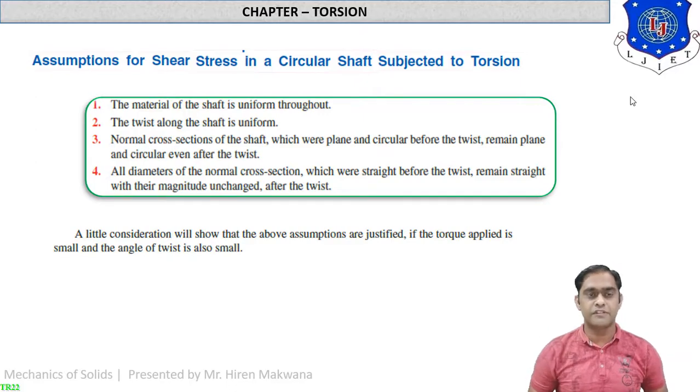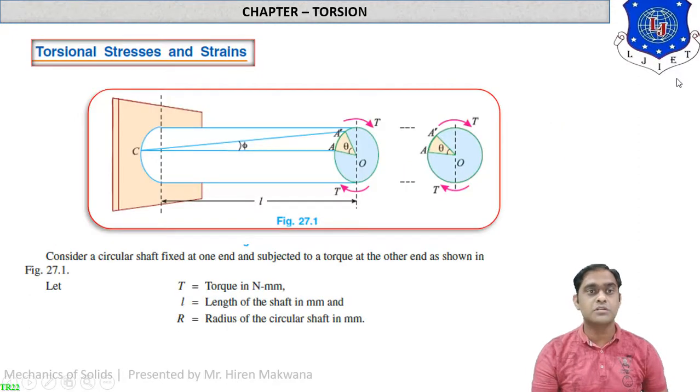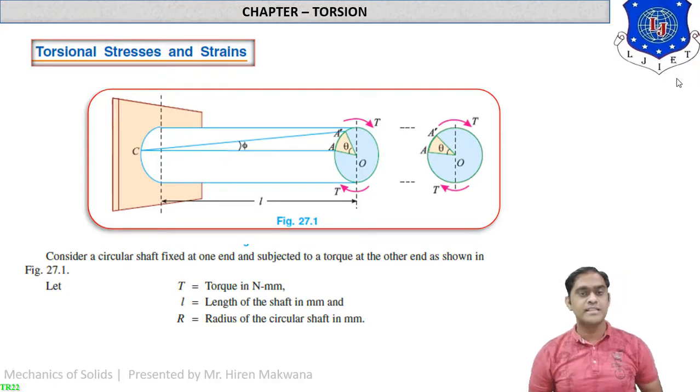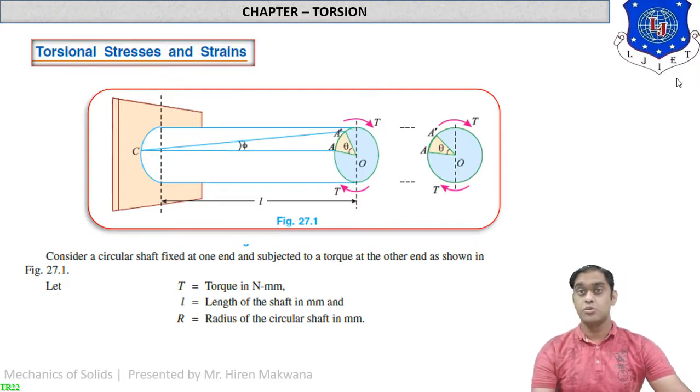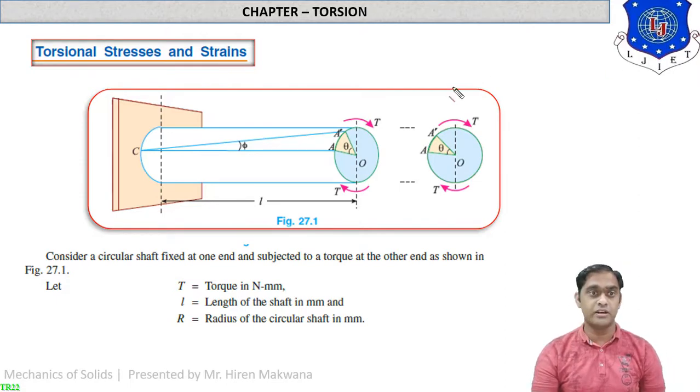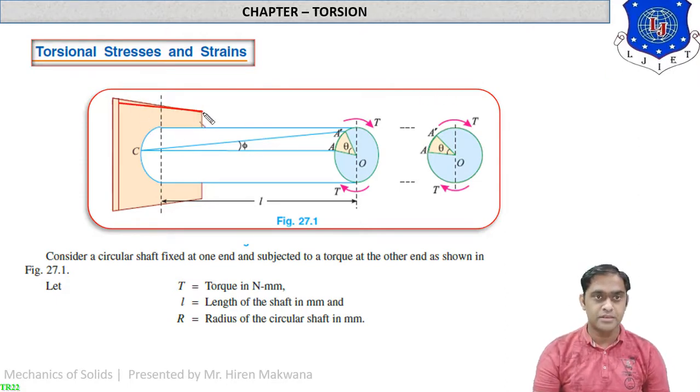A little consideration will show that the above assumptions are justified if the torque applied is small and the angle of twist is also small. Let us see the most important derivation, which is torsional stresses and strains. You can see in the figure, remember this is a very complicated figure, this is the rectangular base in which the shaft is fitted.